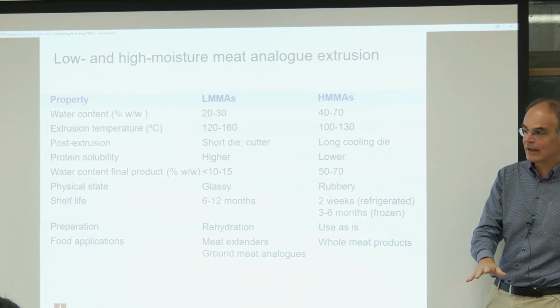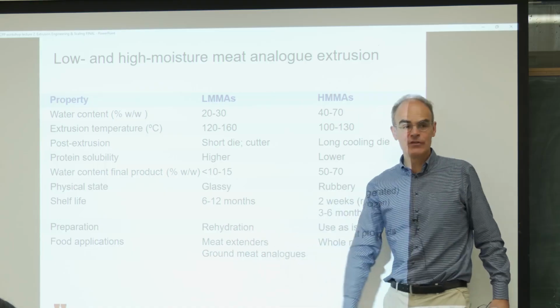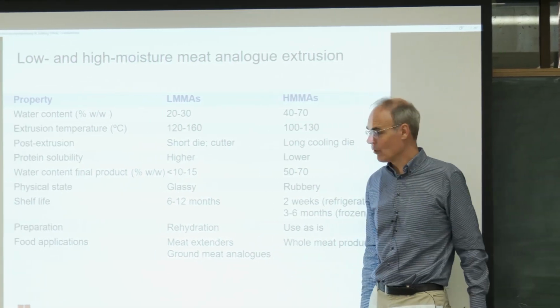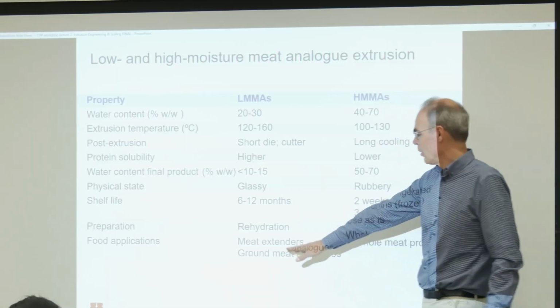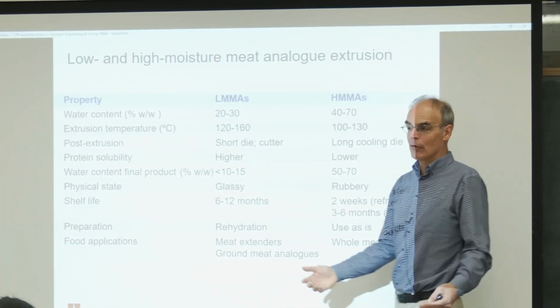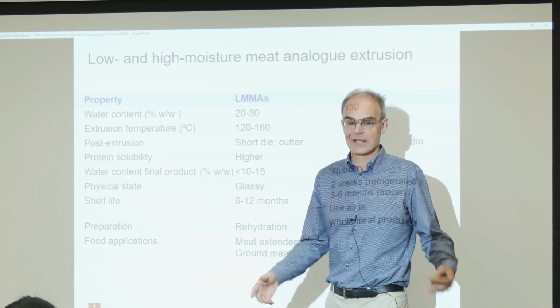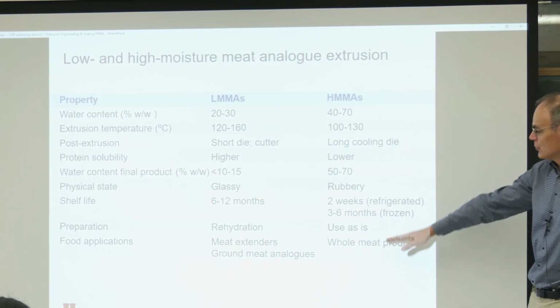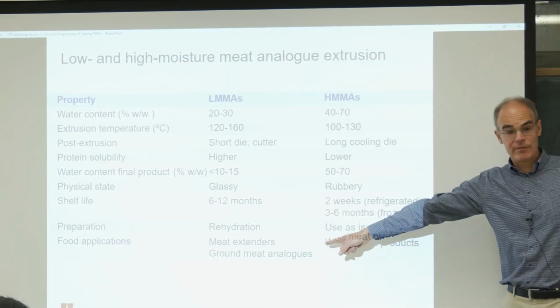We typically go really lean these days. Adding some of these meat extenders can help retain some moisture, make it a little more appealing to eat. And they're used a lot in ground meat analogs. I mentioned the patties. Think also about things like sausages, etc. Typically their use is restricted to whole, and actually they use them in nuggets as well.